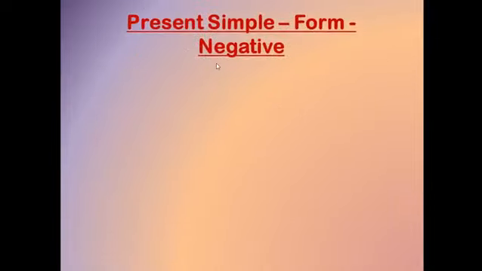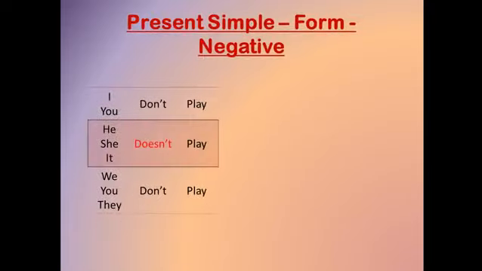Now if I want to form the present simple in the negative form, so what do I do? With I, you, we, you plural, and they, I add don't and then put my verb. Okay, I don't play, you don't play, we don't play, you don't play, they don't play.